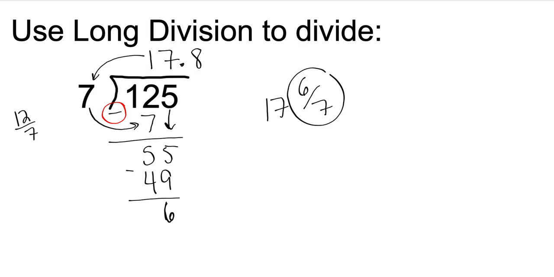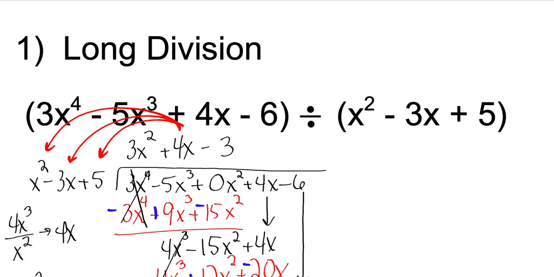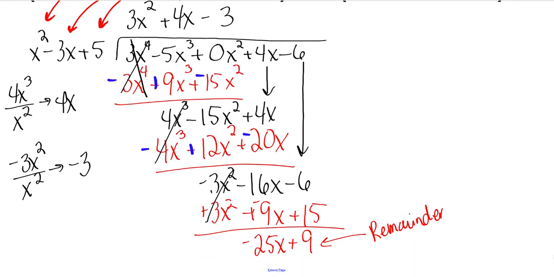Okay? So we wrote this over this. So back here, we're going to have to write this remainder over this divisor with this polynomial in the front. All right? So it looks ugly. The concept isn't too bad.